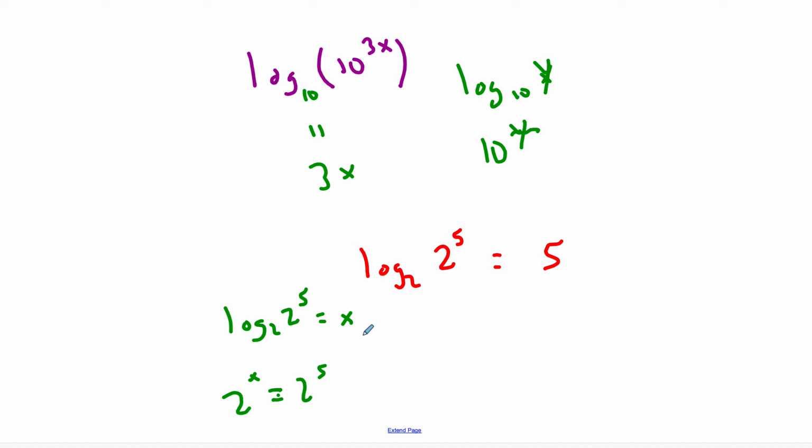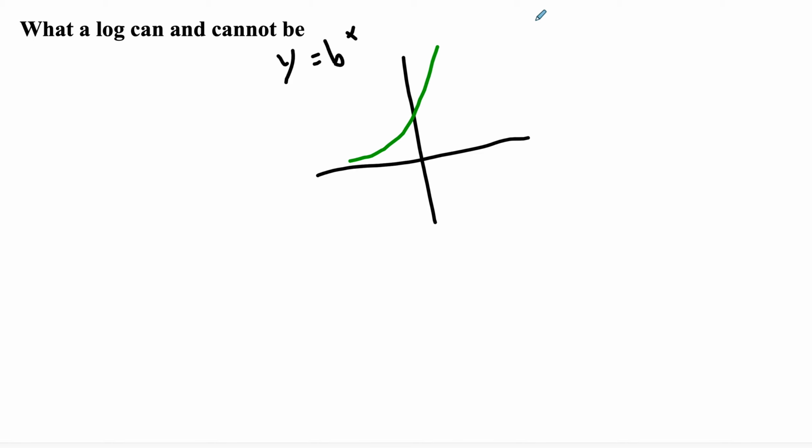Either way works. Now, what a log can and cannot be. Remember that when you're looking at a generic exponential function, b has to be greater than 0. Let's say it's growth for argument's sake, so b is greater than 1. We're looking at something like this. Which means that when we're looking at a log base b of x, it's the inverse. It's a reflection over that line, which means that there are certain restrictions.